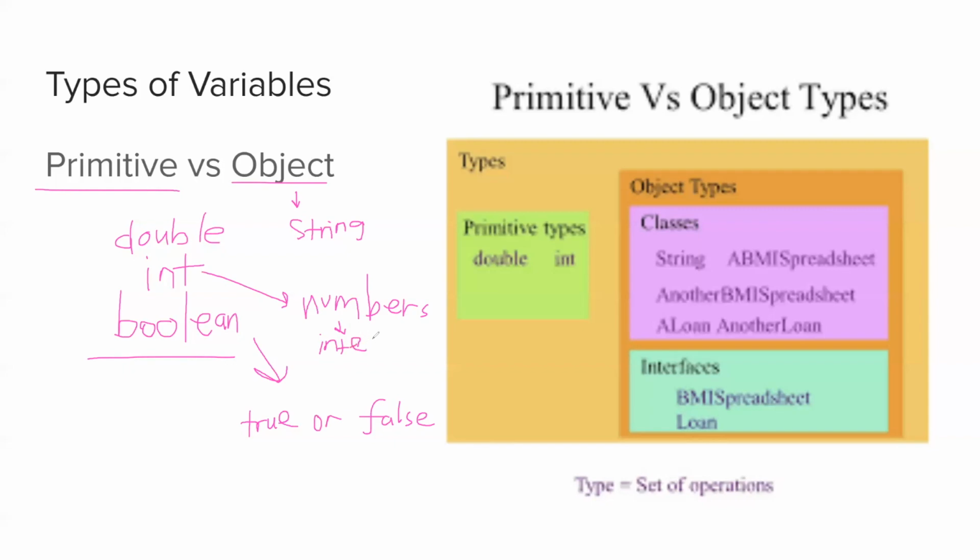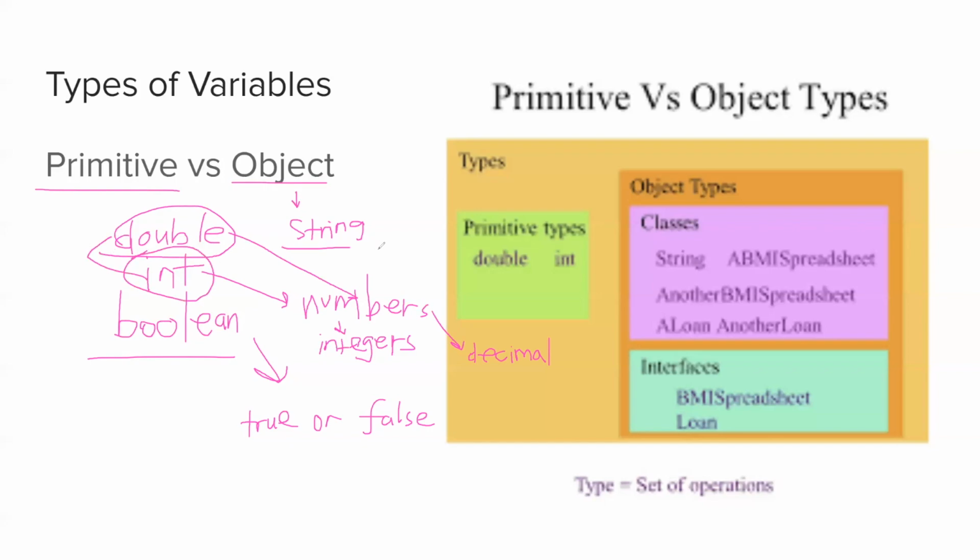Why do I pull this up? Because, excuse my bad handwriting, but doubles are also numbers. So they refer to numbers as well. But what they are is decimals. So if I have 3.1, you can't say that's an integer. That's a decimal, right? So you have to use the double variable type and the integer variable type. You need to know the difference.